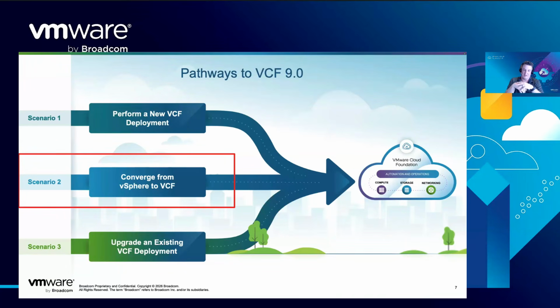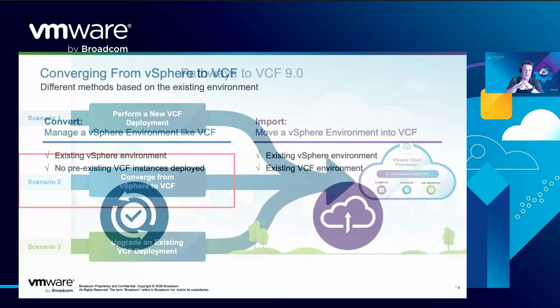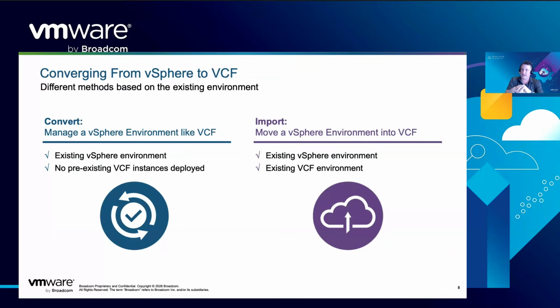And so the Converge process, there's 2 pieces of it, right? There's a convert and there is an import. Let's jump in and talk a little bit about each of these. The convert process is where we're taking an existing environment and adding all the stuff that's needed to bring your environment up to that VMware Cloud Foundation level. So if you don't have NSX, it'll add NSX.